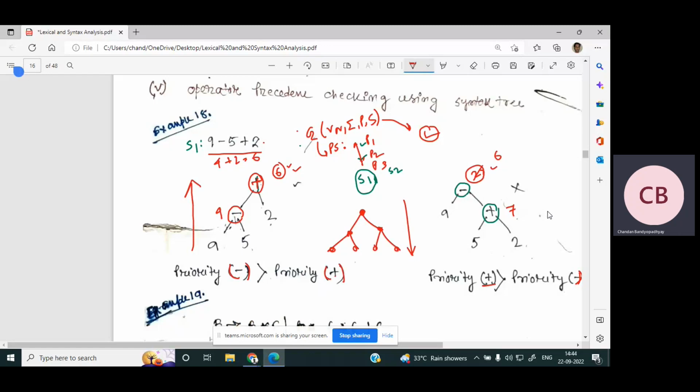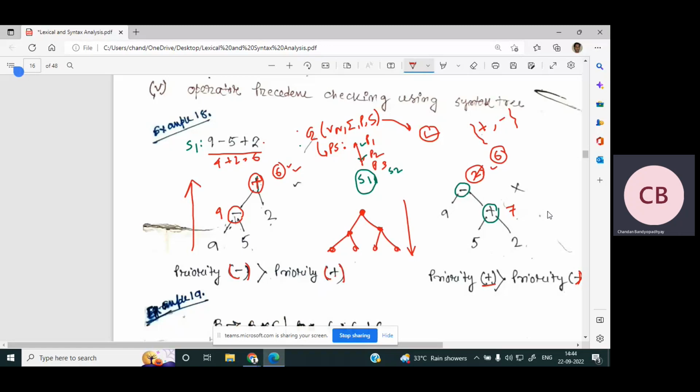In that scenario, if someone asks you for the grammar that you have taken, which operator does this grammar give high importance to, plus or minus? You are getting contradictory results, but the outcome is the same, 6. Then you will tell that plus and minus have the same priority.